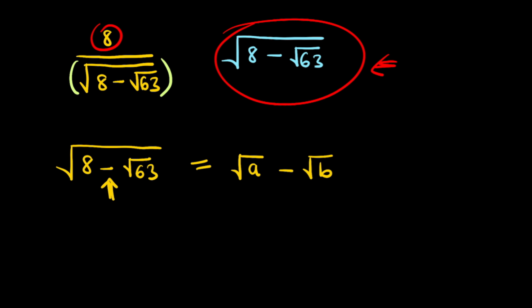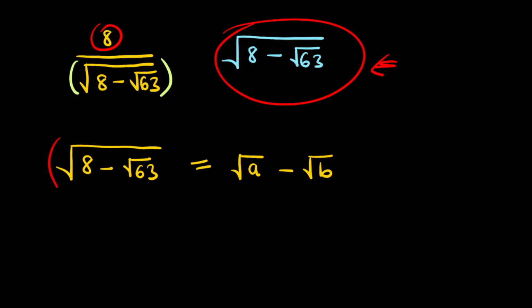For better understanding on why I've chosen square root of a or square root of b, kindly watch the video as I've recommended. So it means that the square root of 8 minus the square root of 63 is going to give us the square root of a minus the square root of b.